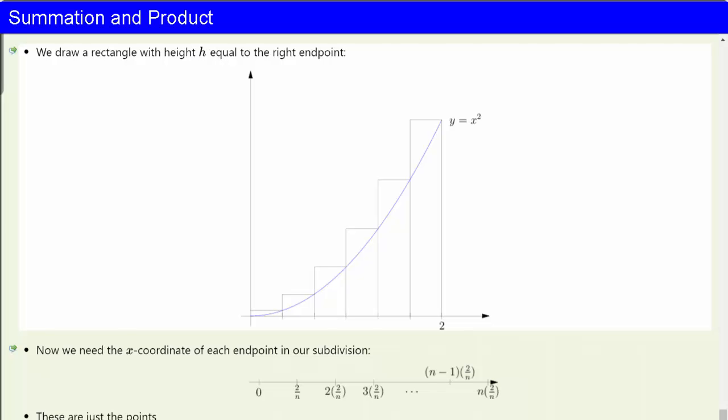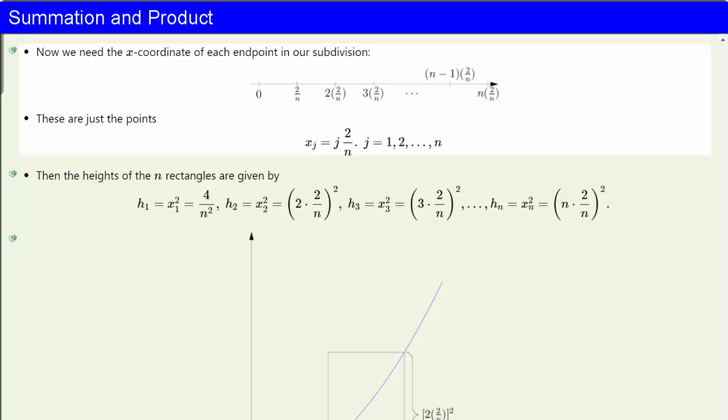Now we need to do a careful calculation because we need the x-coordinate of the right endpoint of each of those intervals. If you look at the picture, you'll see that the right endpoints are just the points x_j equals j times 2 over n, where j can be 1 or 2 or 3 and so on, up to j equals n.